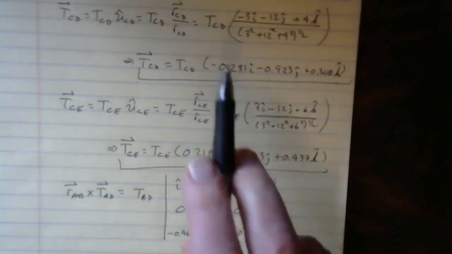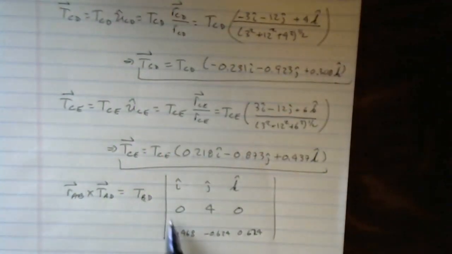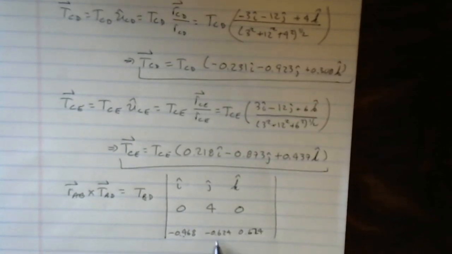Now the components of TBD are minus 0.468 TBD, minus 0.624 TBD, and plus 0.624 TBD. So you could put TBD in each one of the terms in this third row if you wanted to, but I find it more convenient to just pull that out and put it right there.